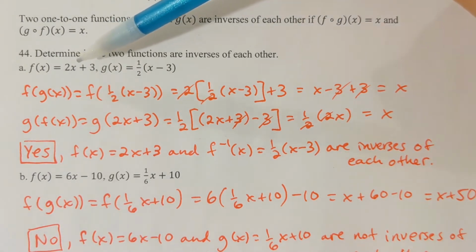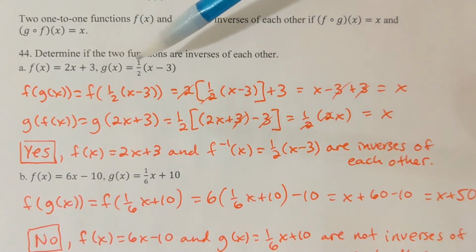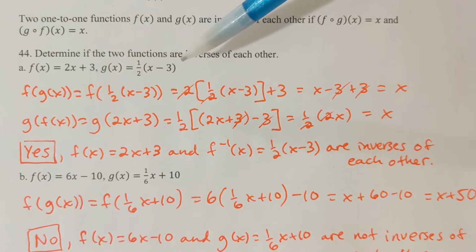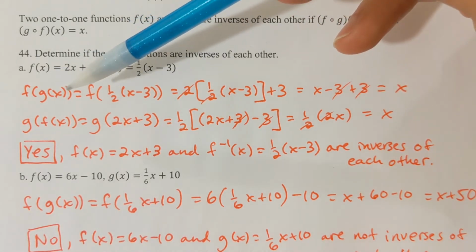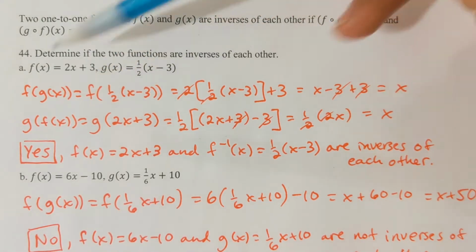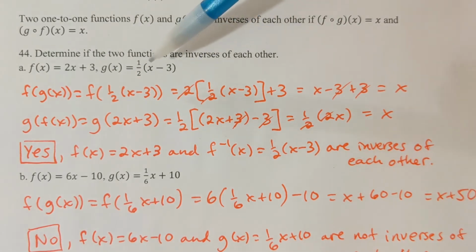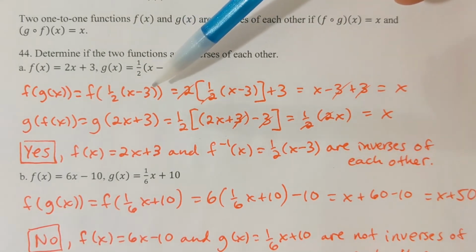Part A, okay, we've got f of x equal 2x plus 3, and then g of x equal 1/2 the quantity x minus 3. Well, in order to check that, I need to check that f composed g is x and g composed f is x. Let me do that. F composed g of x means that I got to plug g into f. G is 1/2 the quantity x minus 3.